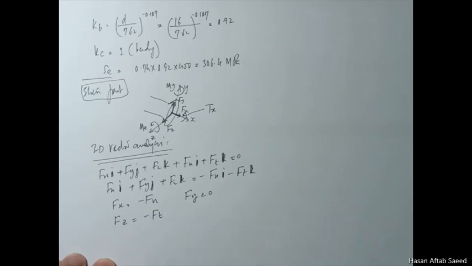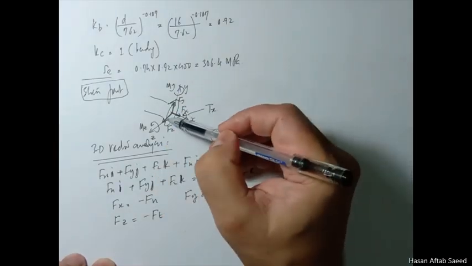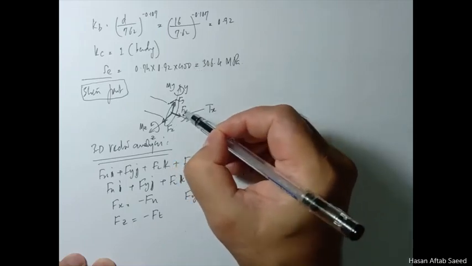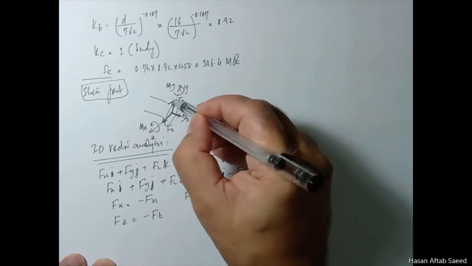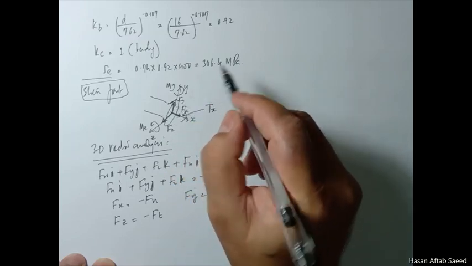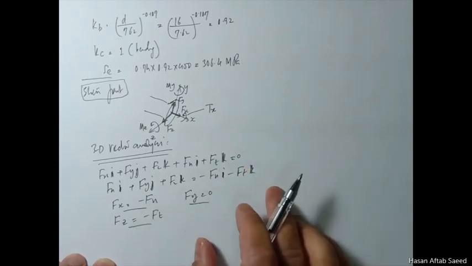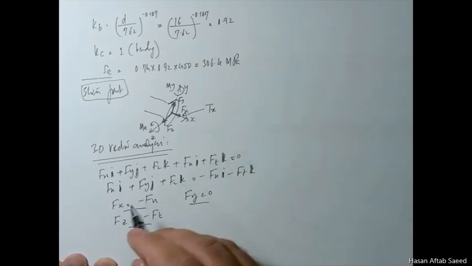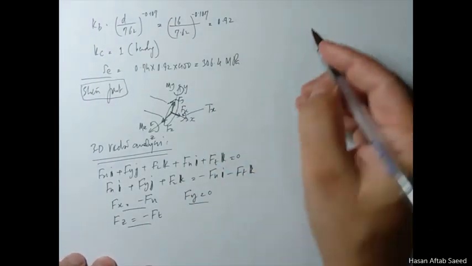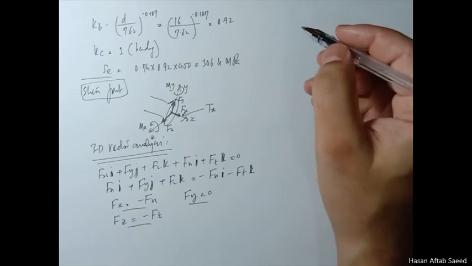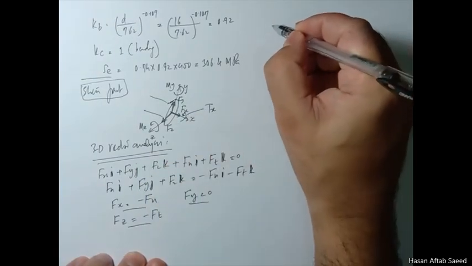So you have this value Fx, you have Fz; this is the normal force, this is the shear force, and there is no shear force in the y direction. We don't know the numbers yet, but we'll come to that later on. First of all, we have to go to the 3D moment equation. Similarly, you write all these values, which we need to find out.